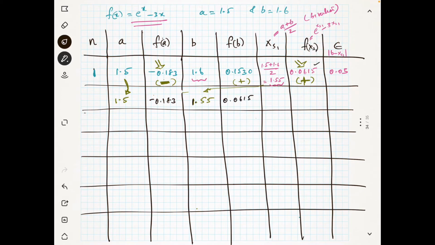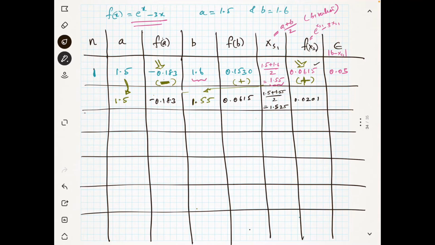Now I will find my new x_s as the average of a and b. That means I will take 1.5 plus 1.55 divided by 2. So I will get this answer as 1.525.